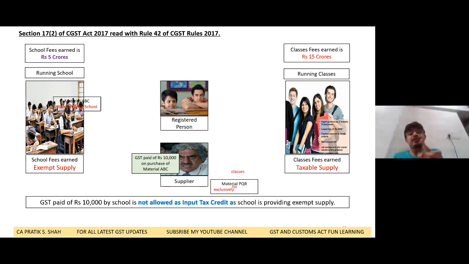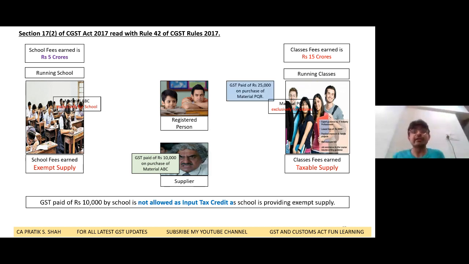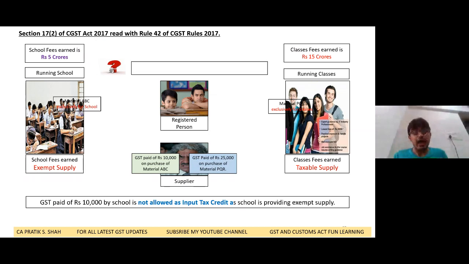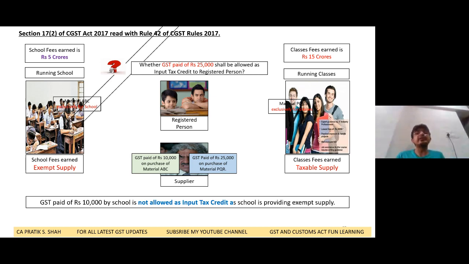Now listen. Amir also purchased material PQR exclusively for classes. This is exclusively used for taxable purpose, taxable income, and GST paid is 25,000. Now, whether GST paid of 25,000 will be allowed as ITC.